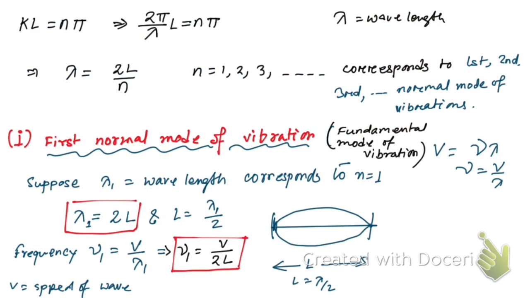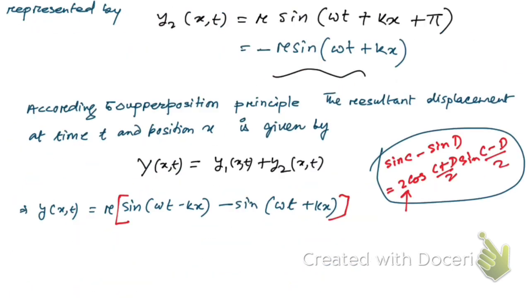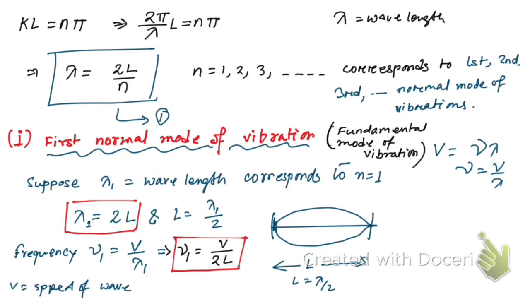Then from this equation, let me write this as equation number 1. Have I given any equation number? No, so let it be 1. So from equation number 1, we have got this.